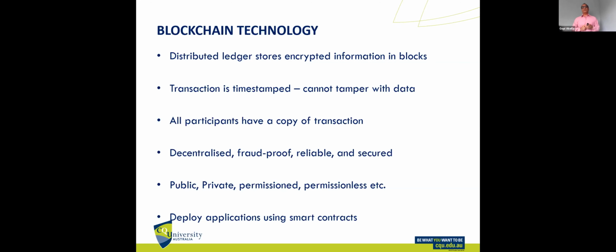Also, on a blockchain network, all participants have a copy of the transactions. So if someone wants to tamper with the data, that person has to tamper with the data of all blocks held by all participants, which is very hard. That's why blockchain is decentralized and fraud-proof. It is reliable and secure because it is encrypted data.